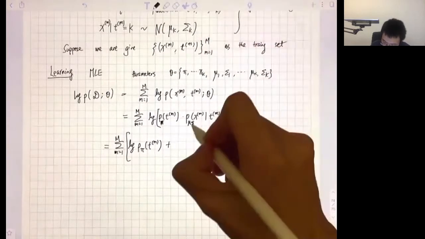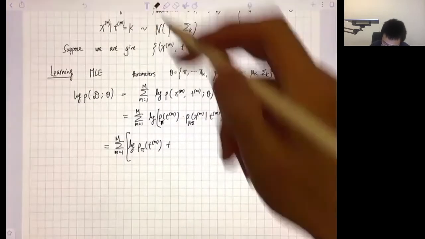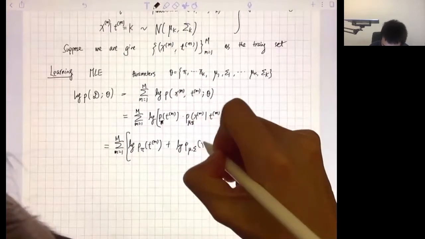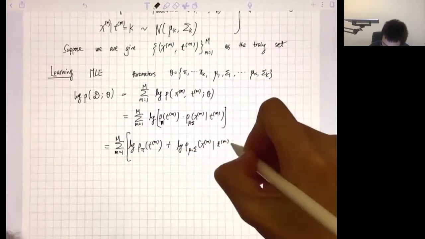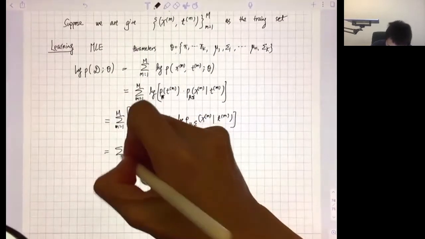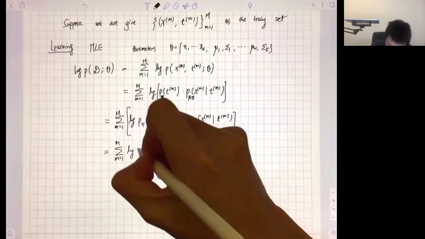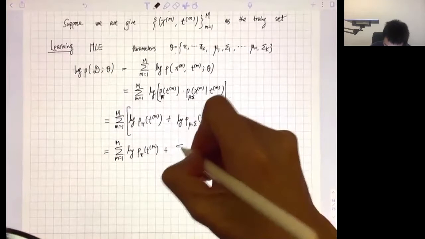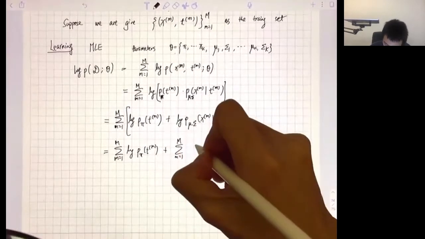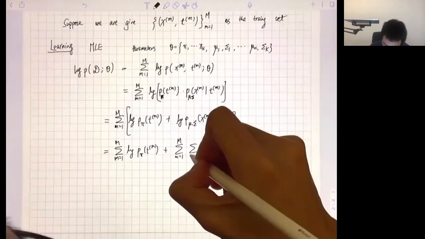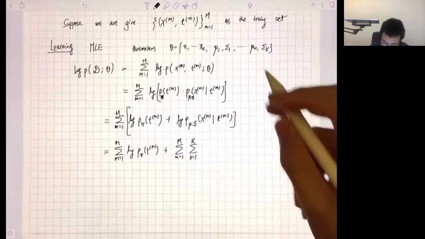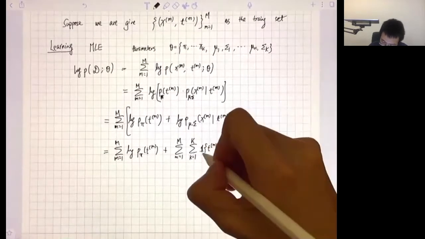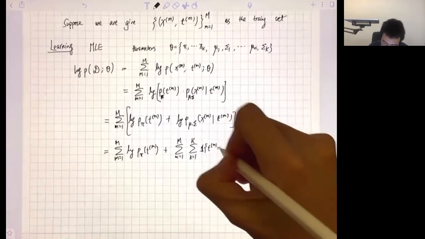Okay, I rearrange this term. I just write one more step. I can introduce another summation saying my little k equals 1 to capital K, then an indicator function saying whether my target is indeed that k, okay?